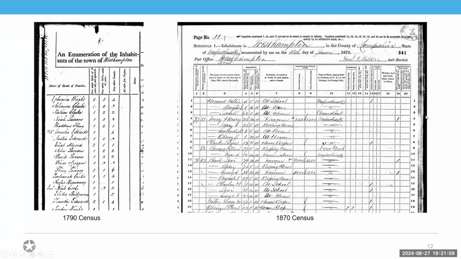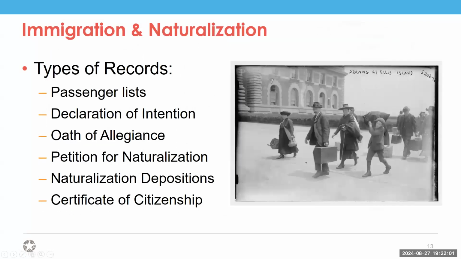Okay. So another really common type of record that you will find are immigration and naturalization papers.